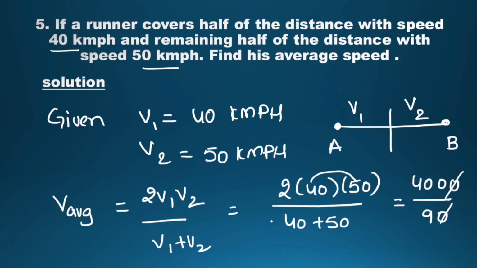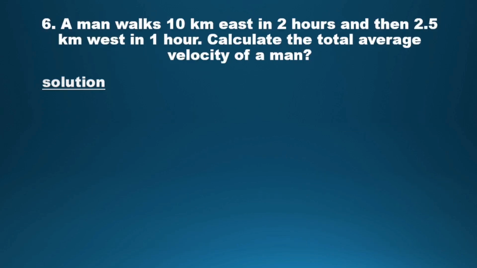By cancelling 0, 0, you will get 400 by 9. After calculating this, 400 divided by 9 is 44.44 kmph. Understand? Now see the next problem.